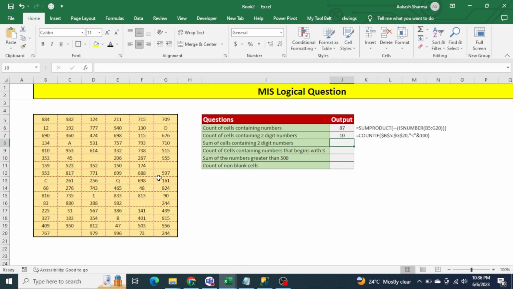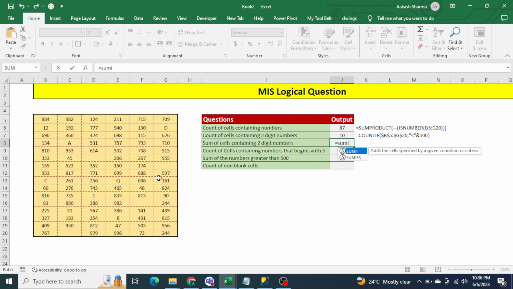I want to do a sum. In my second question I used COUNTIF, here I would use SUMIF. We always know, for the count purpose we use count, and for the sum purpose we use sum. In SUMIF I give the range. I want to sum those values whose length is equal to 2, so here I have given less than 100, and now I want to sum those cells after giving the condition.